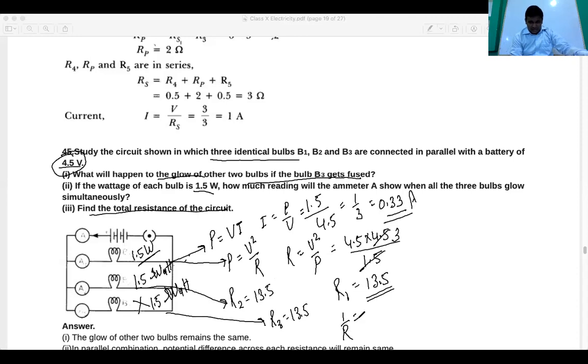When you are calculating in parallel, the voltage is the same. So R equivalent will be 13.5 divided by 3. 3 fours are 12, so it will be 4.5 ohm. Got my point or not? So this is the case.